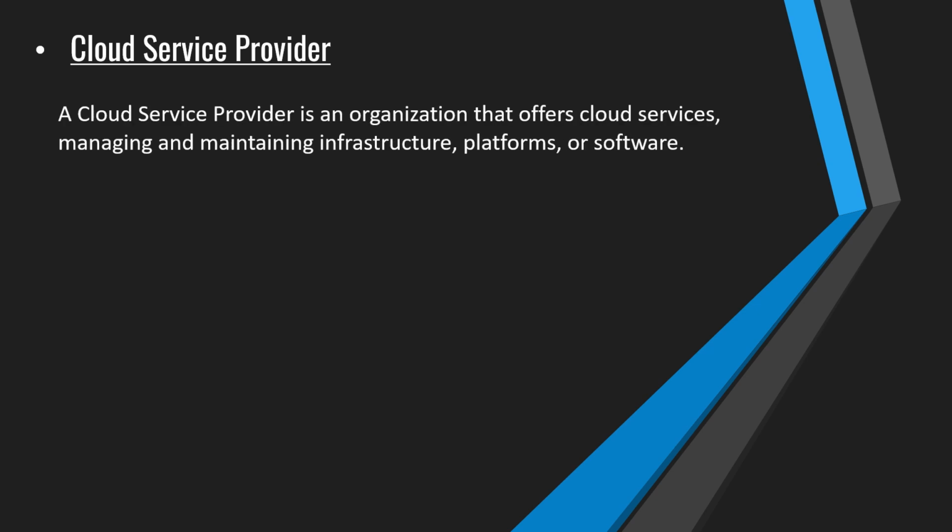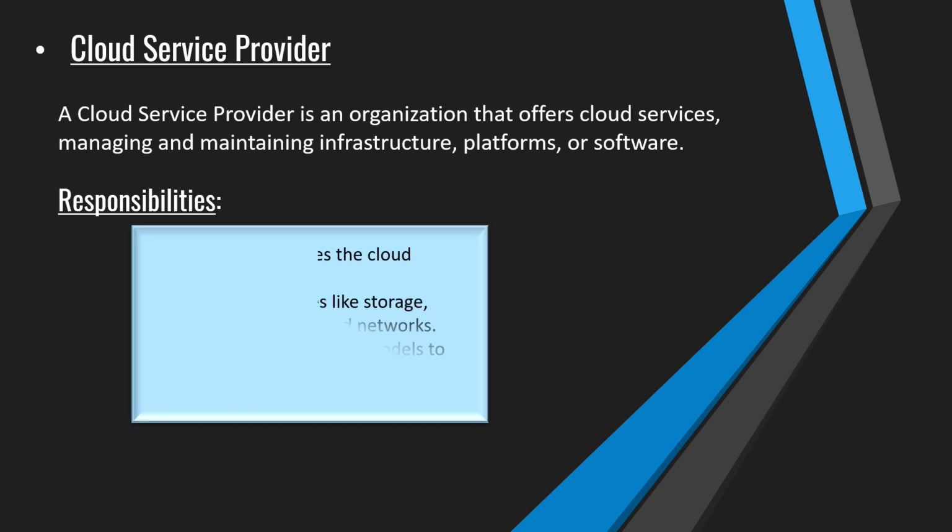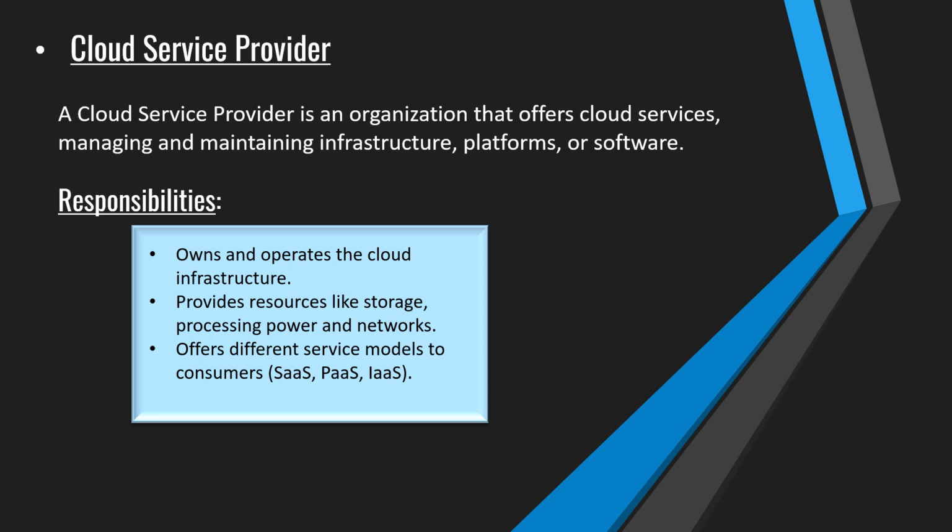Next, consumers get the services, but who provides the services? The cloud service provider is responsible for providing the services, managing and maintaining infrastructure, platform or software. The provider owns and operates the cloud backbone, the hardware and the software, enabling consumers to access services without needing to manage the infrastructure themselves.